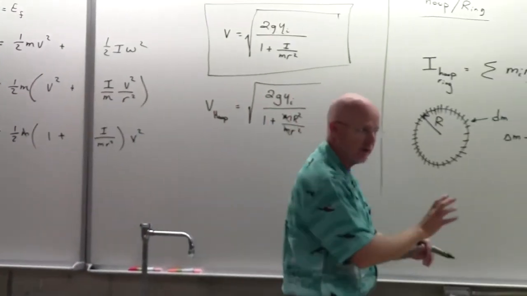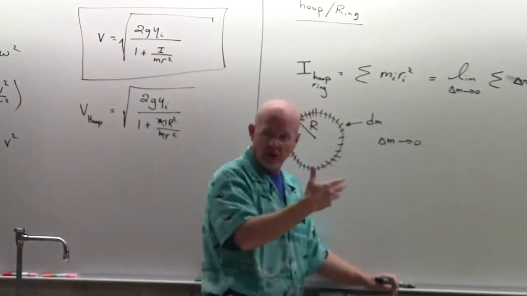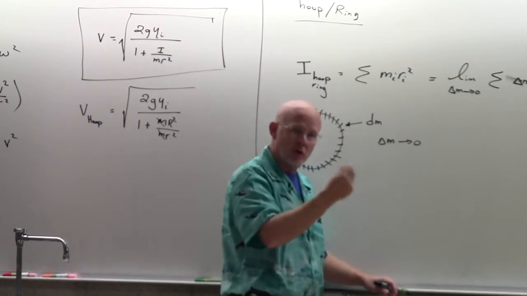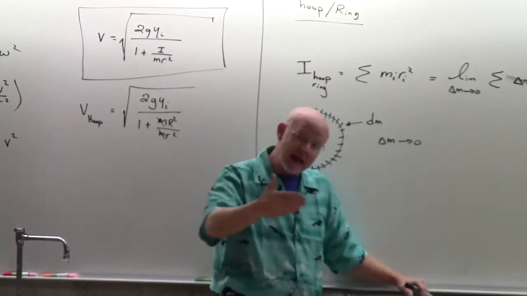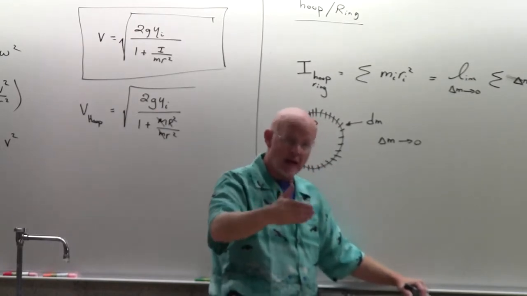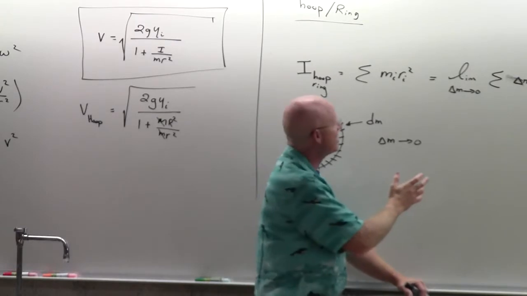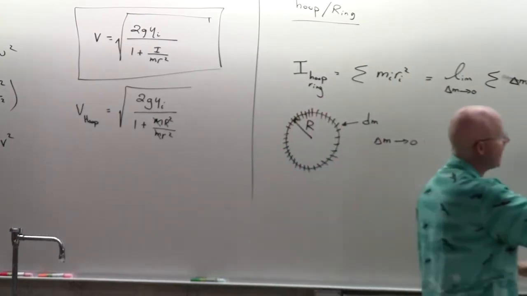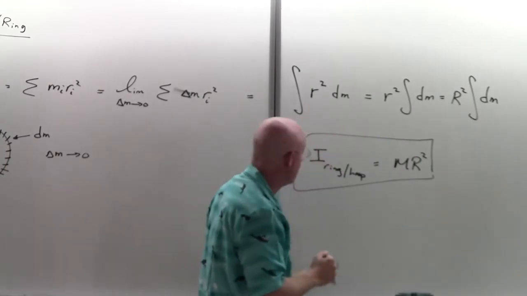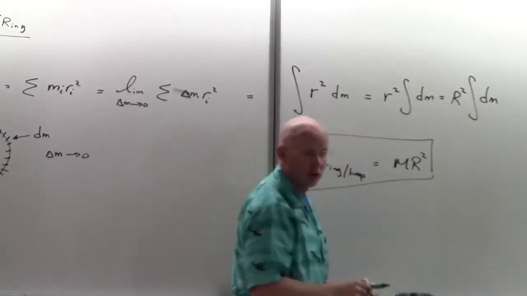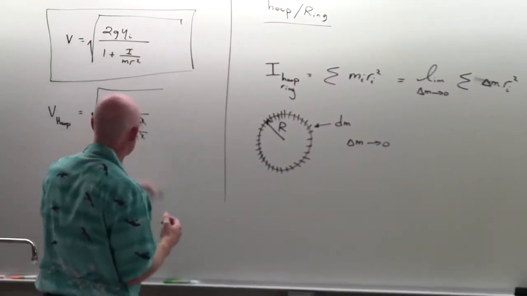I changed it over here because this lowercase r I was really using back here as the location of the chunk of mass, which may or may not be at the total radius of the object, but it is for the hoop anyways. And so that's why I changed the notation from a little r to a capital R here. This is the total radius, but that's what was meant here. So in this case, they cancel off.